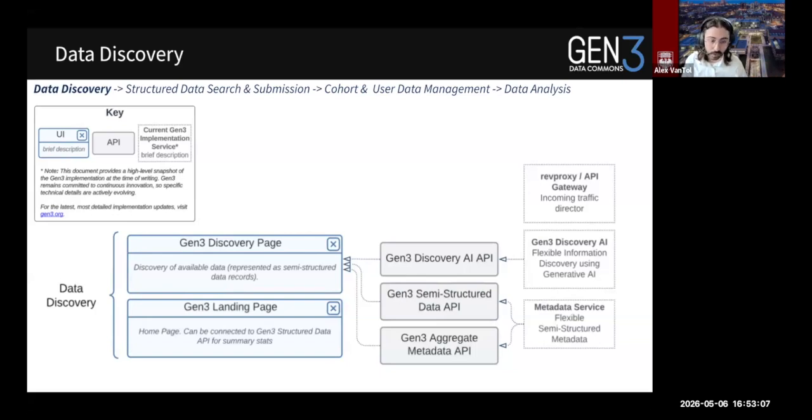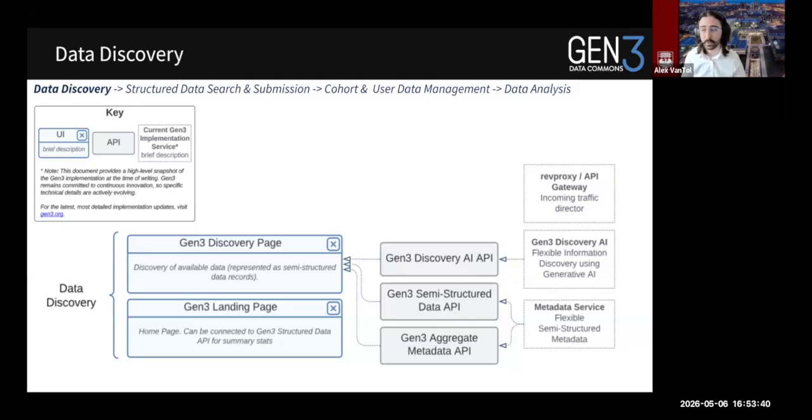One of the main UI pages that you saw was the discovery page. And if I had $1 for every time one of us said flexible or configurable, I'd have a lot of money from this meeting. But I'm going to say it again: the discovery page is very flexible. You saw a bunch of different examples of how you can show different types of data, whether it be study metadata or imaging metadata, in a way that allows people to discover what data is available by using these semi-structured blobs of information.